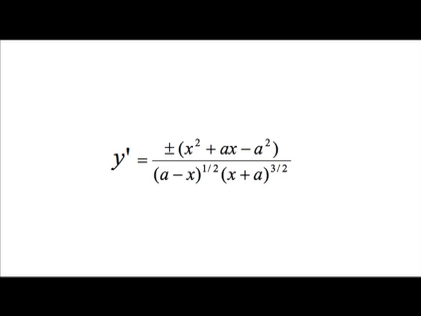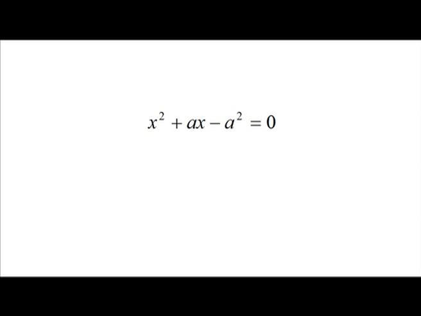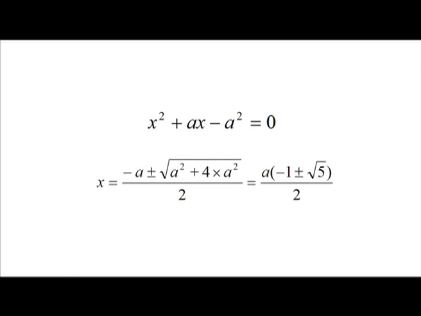Y dash is equal to 0 implies x square plus a x minus a square is equal to 0, which gives x is equal to minus a plus or minus square root of a square plus 4 into a square whole divided by 2, which is equal to a into minus 1 plus or minus square root of 5 whole divided by 2.